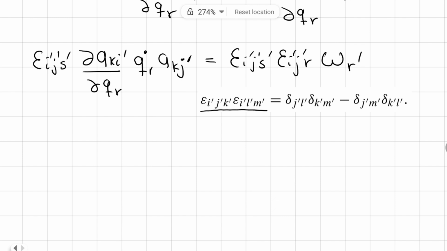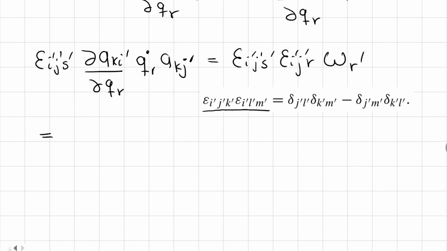We are going to get that this is equal to, if we follow this, the Kronecker delta J, which is in our case J here, and L, but L is J, so J here. And then the Kronecker delta K, but K is S, and M, which is R, like this.